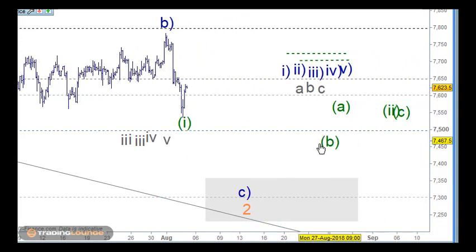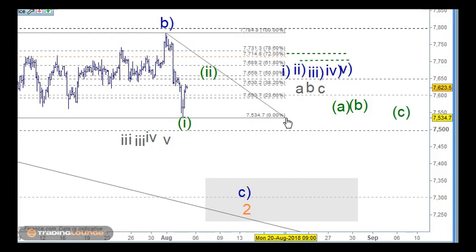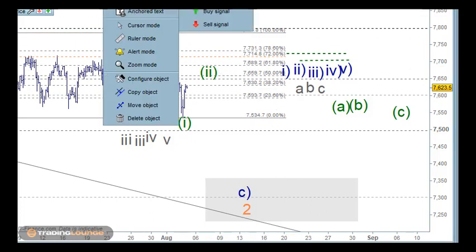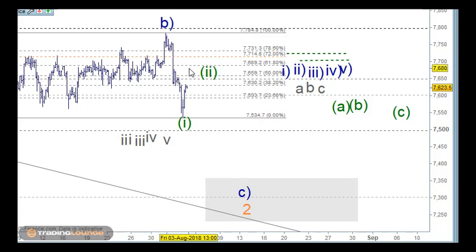And in this case, we would need to look for wave 2 to pull back to the 50-60% mark here, so that's up into this space here.